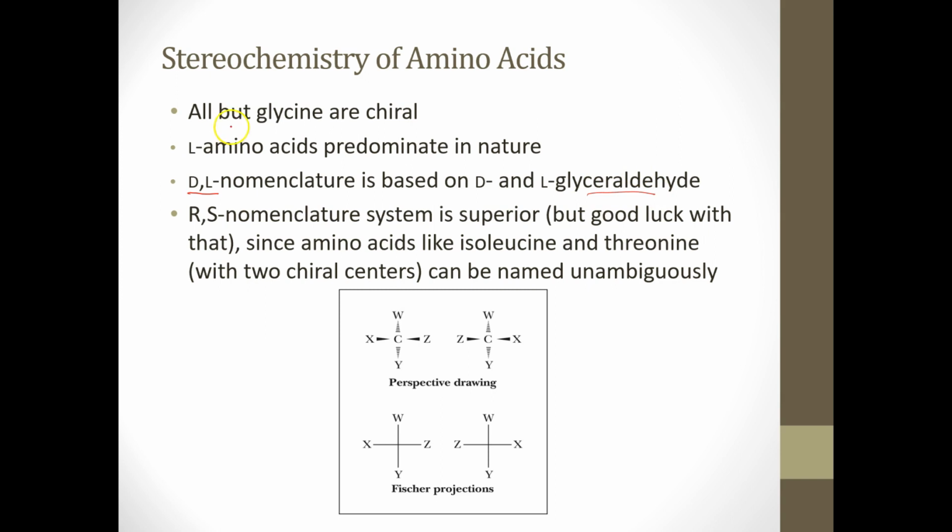Now, L-amino acids predominate in nature. It's really nice to see texts changing their language, because they used to say L-amino acids are the only amino acid that occurs in nature. It turns out that D-amino acids do occur naturally, but very rarely in comparison to L-amino acids. There's actually been some really elegant studies showing the appearance of D-amino acids during neurodevelopment and embryonic development.